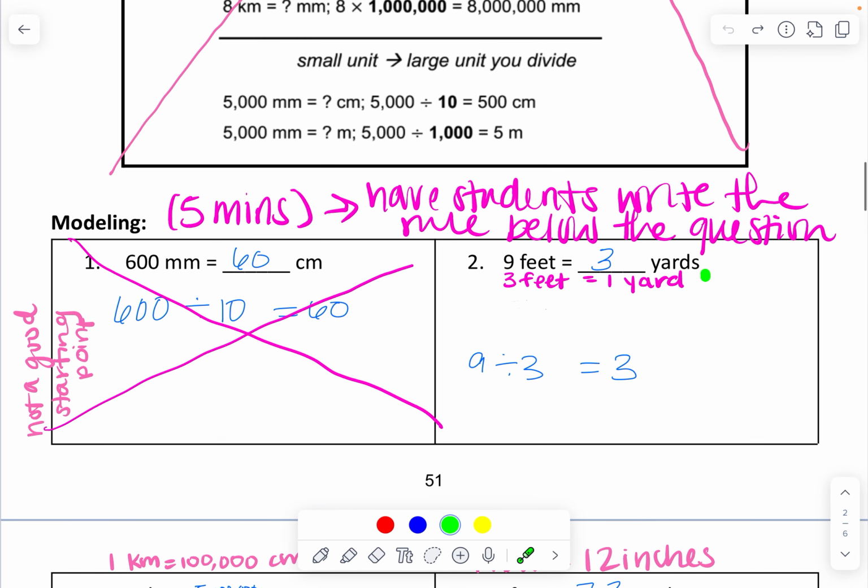So students will go ahead and write that rule either above the question or under the question, right? And so if 1 yard is equal to 3 feet, then how many yards are there in 9 feet? And so students should be able to say, okay, well, to get from 3 to 9, we had to multiply by 3. So then we also have to do 1 times 3, which will give us 3. Okay.